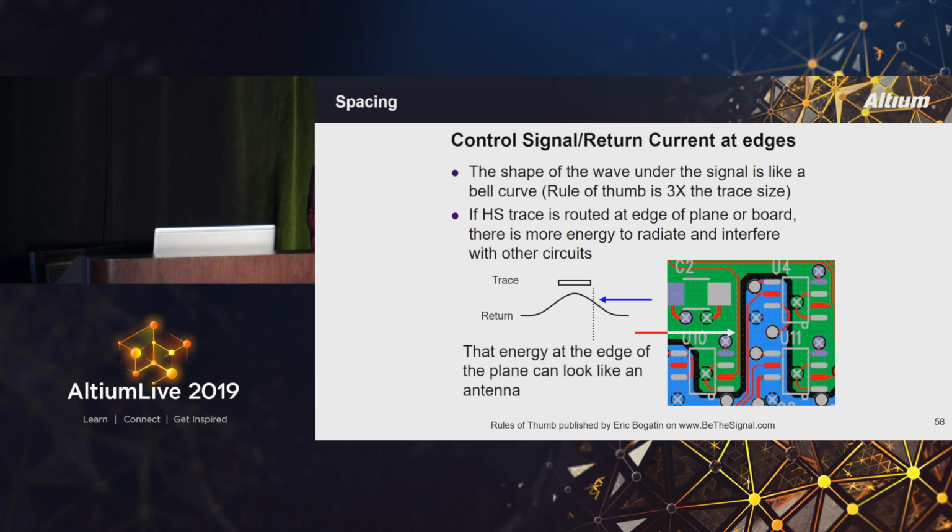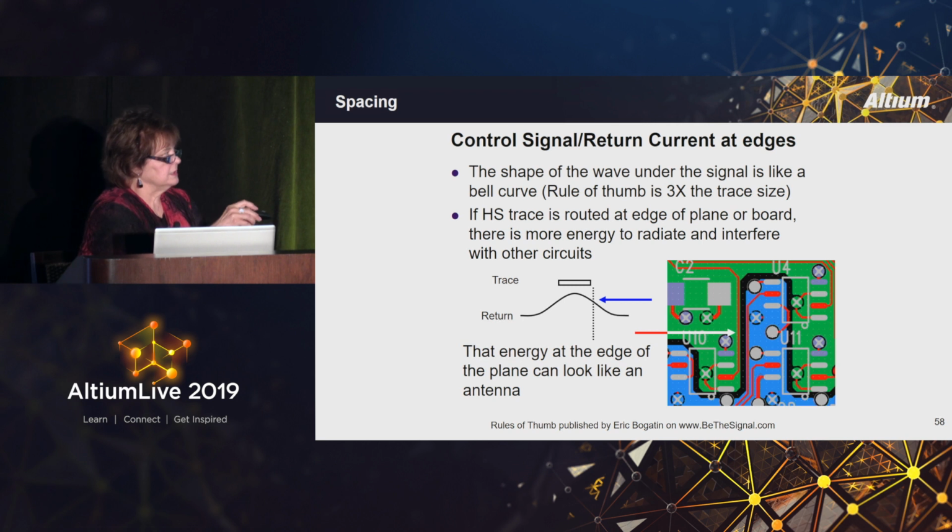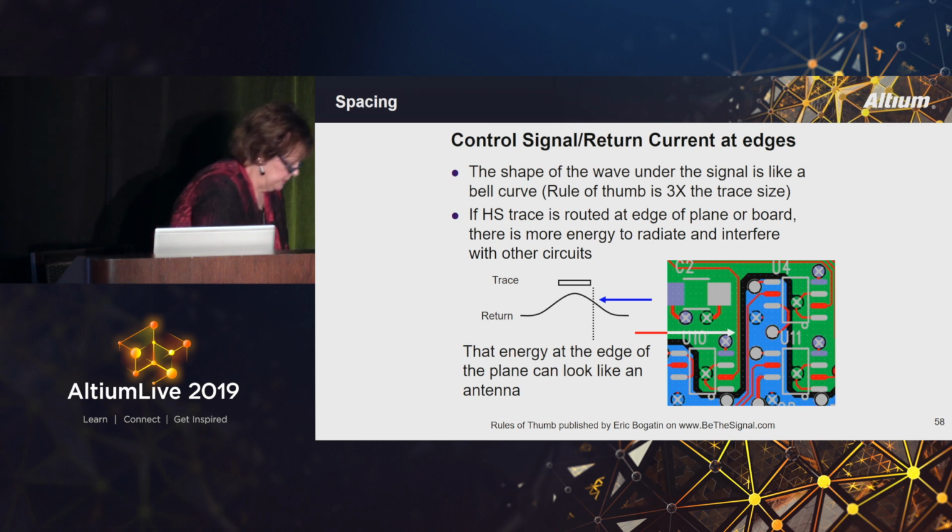It would not necessarily be a bell curve. It's going to have the look of the electric and magnetic fields, but it will consume this type of an area underneath that trace. Well, the issue here is if you happen to route that trace at the very, very edge of a plane, you've got some extra energy here that's being cut off because it has no return path, because the edge of the plane is right here.